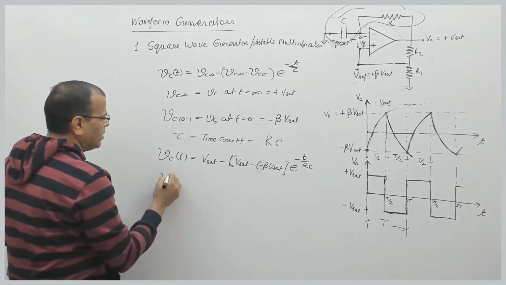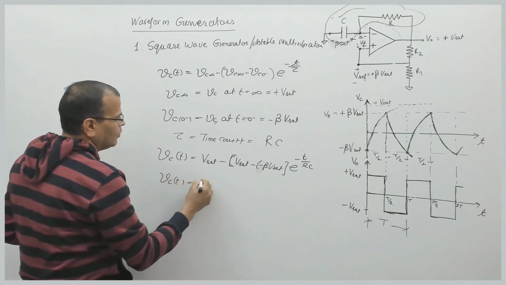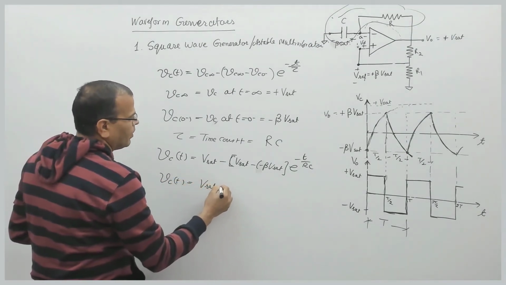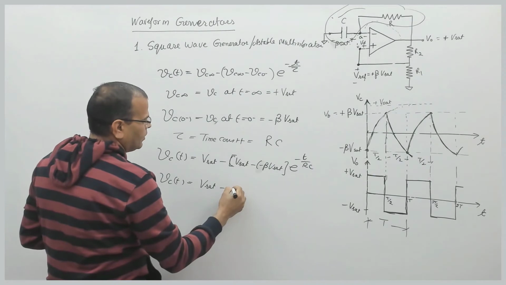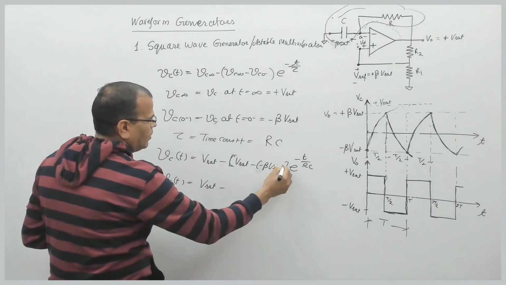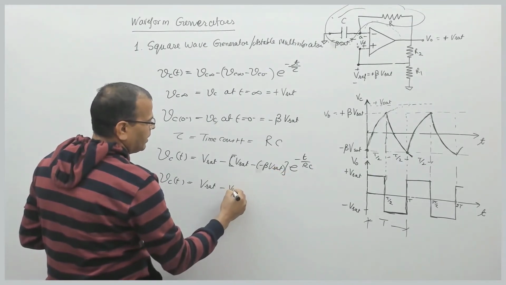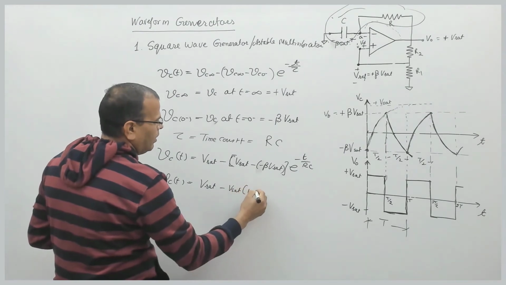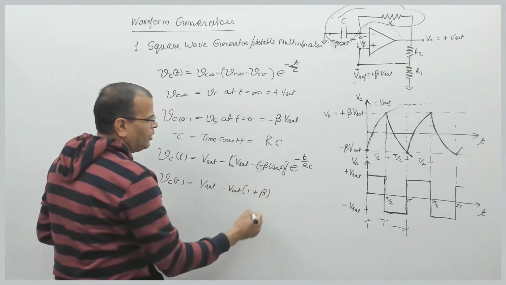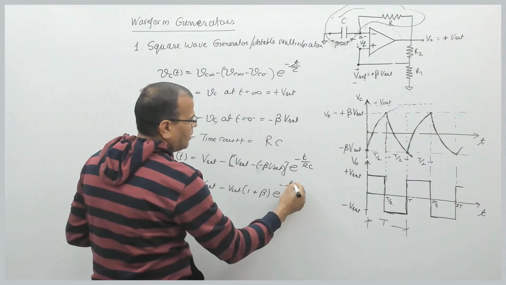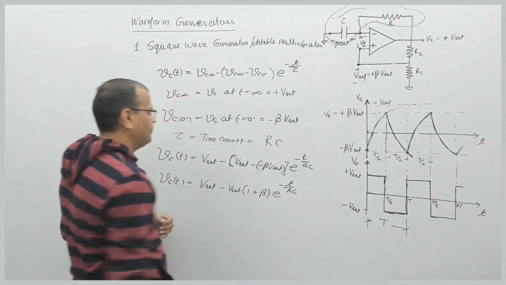Or you can write it like this: Vc(t) is equal to Vset minus, Vset can be taken outside, 1 plus beta into e raised to power minus t by RC.